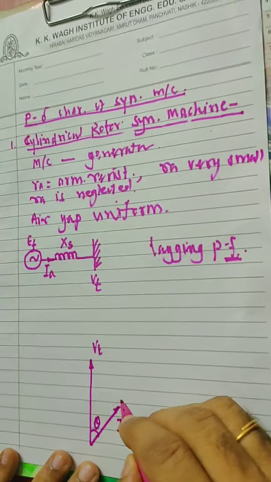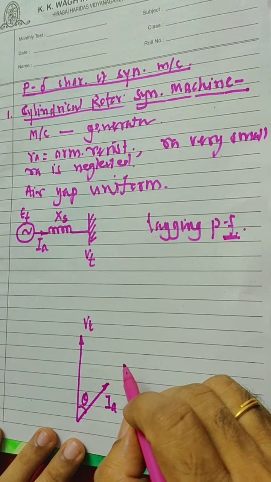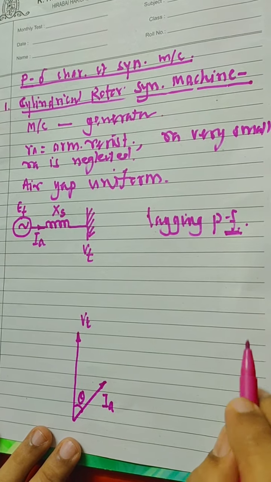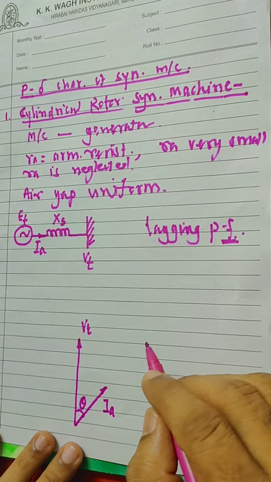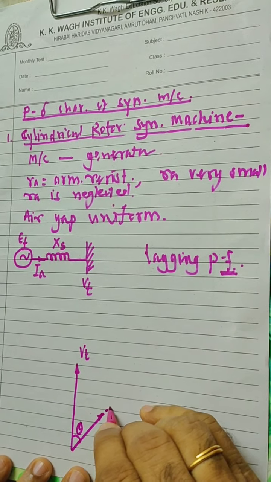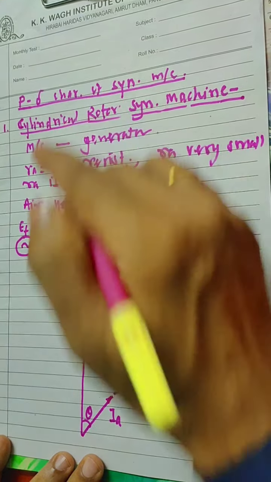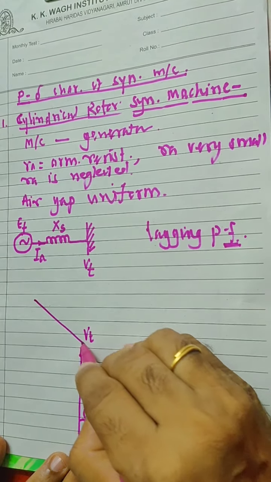Then the Ia Ra drop is negligibly small and neglected because Ra is neglected. Then we plot the Ia Xs drop, the synchronous reactance drop, which is 90 degrees to the current vector.